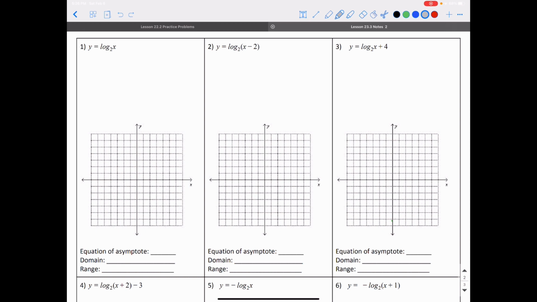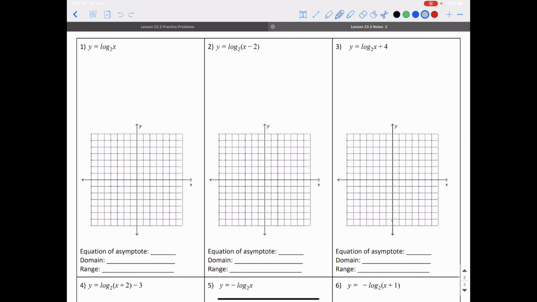I have y is equal to log base 2 of x to start. That is the parent function for base 2 for logarithms. To find the table for that, we're not going to pick values for x to plug in and see what we get for y.